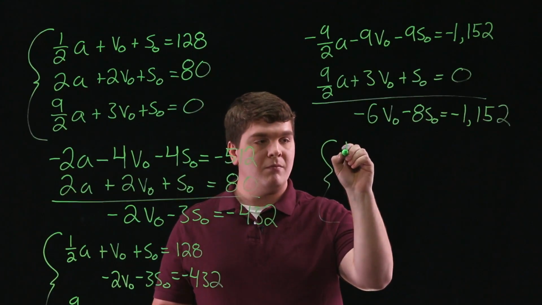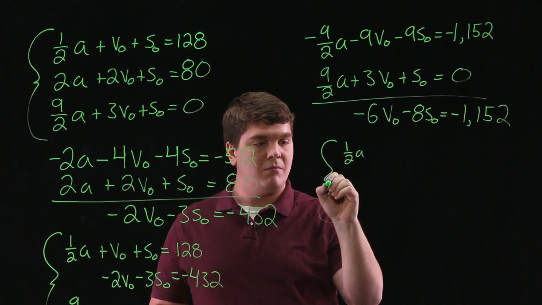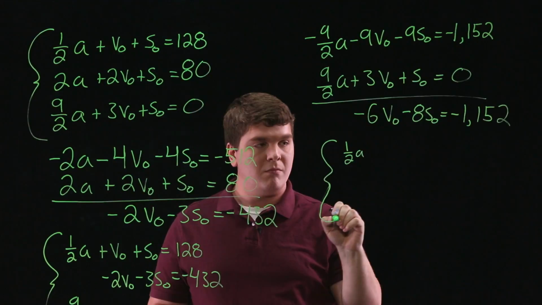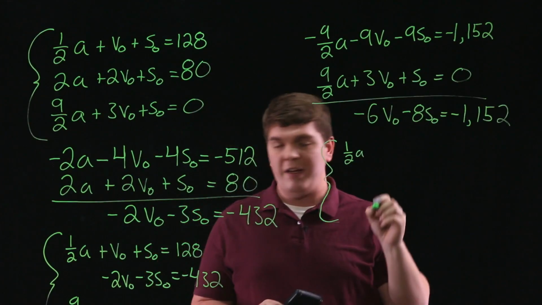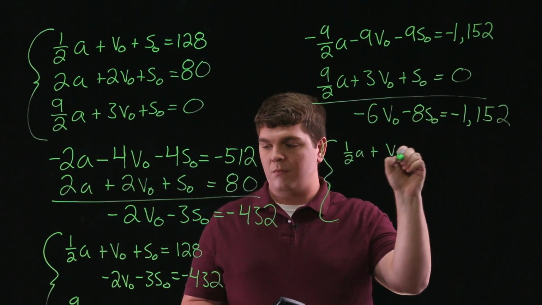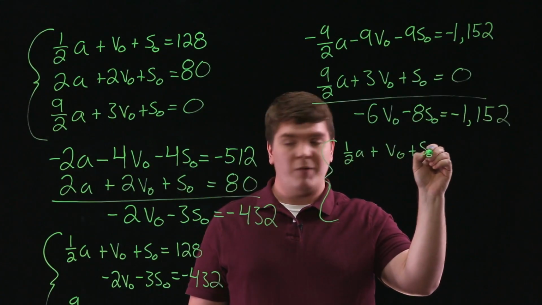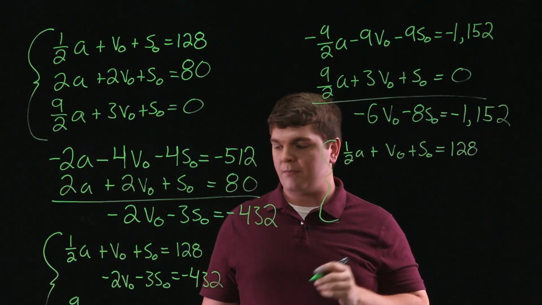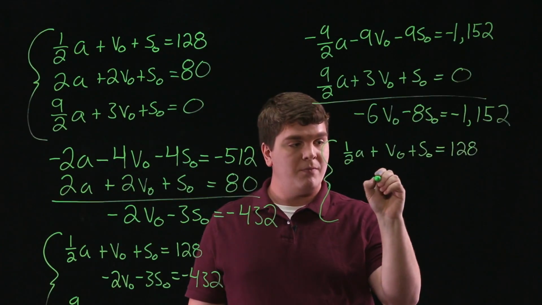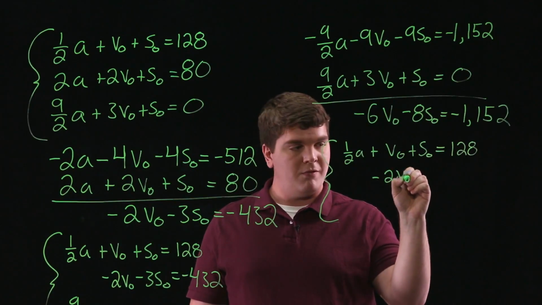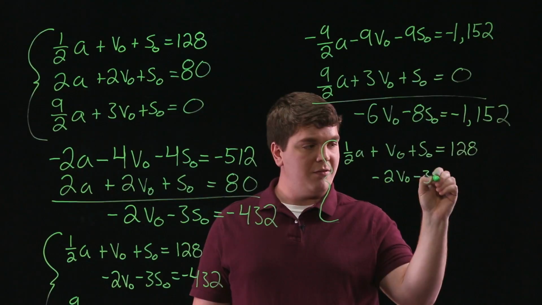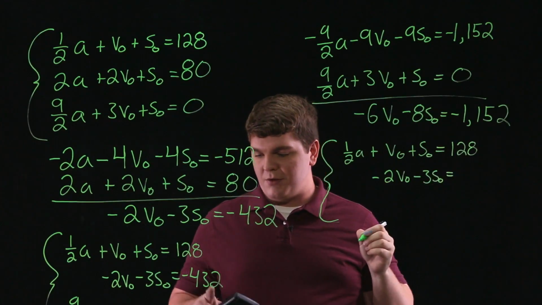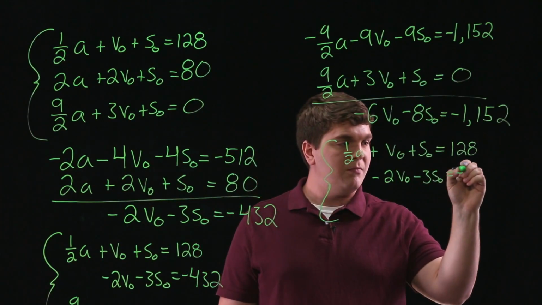So here, our system becomes 1/2 A plus V naught plus S naught equals 128. Our second row is -2 V naught minus 3 S naught is equal to -432.